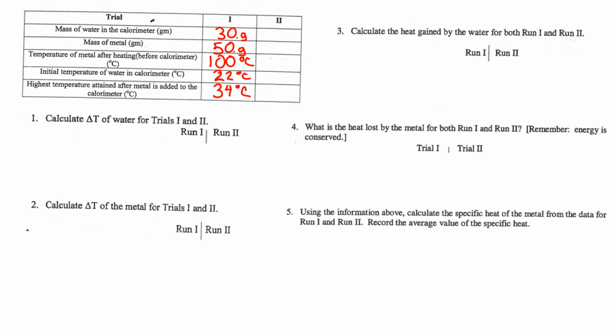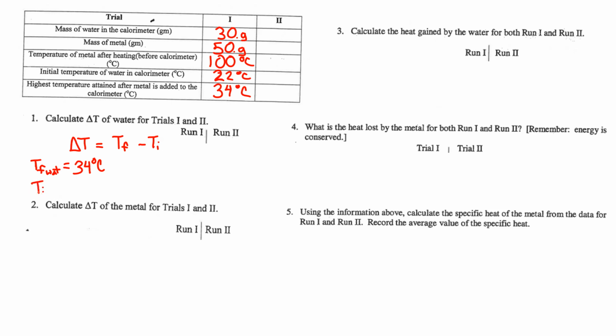All right. So for question number 1, it says calculate the delta T of the water for trials 1 and 2. So remember that delta T is TF minus TI. My TF for the water, my final temperature for the water, was 34 degrees Celsius because that's the highest temperature it got.